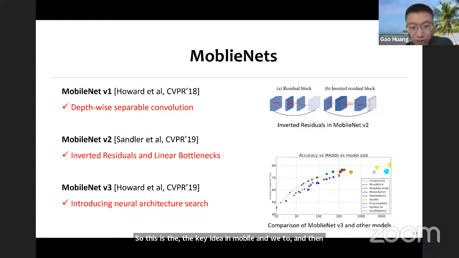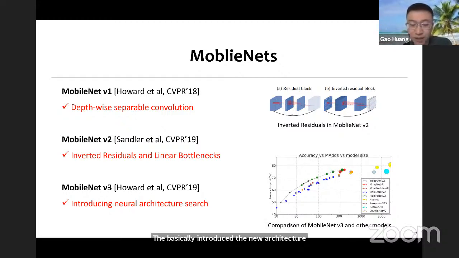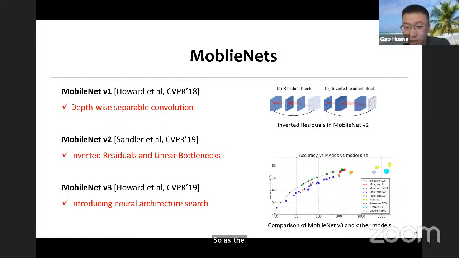In MobileNet v3, they introduced neural architecture search. They combine the hand-crafted design of deep networks with neural architecture search. As the plot on the bottom right shows, the blue dots show the accuracy and speed trade-off of MobileNet v3, and the other dots are MobileNet v2.